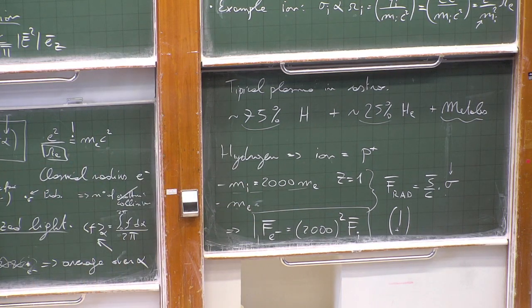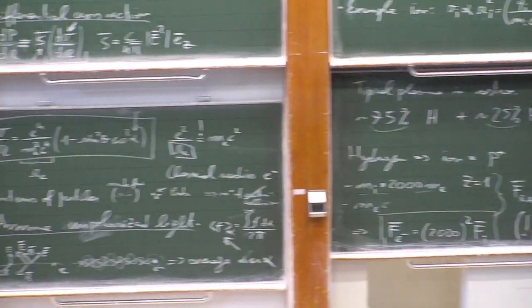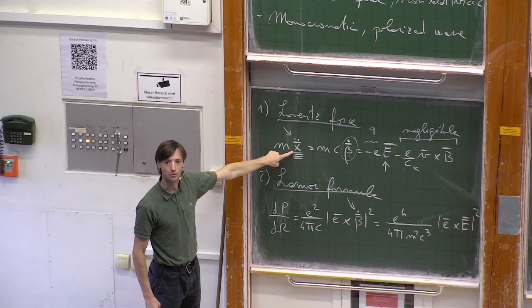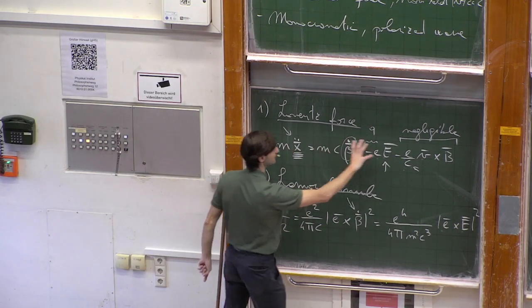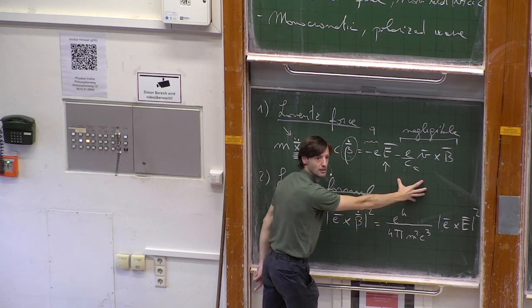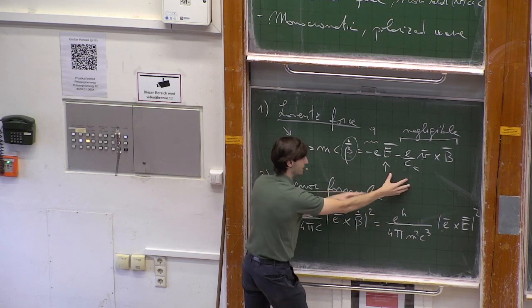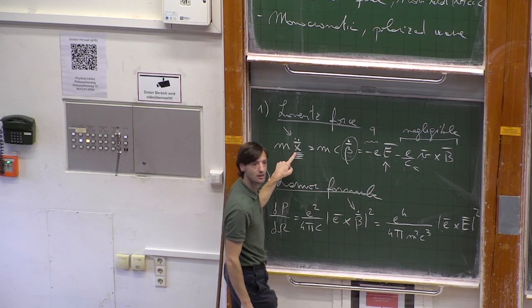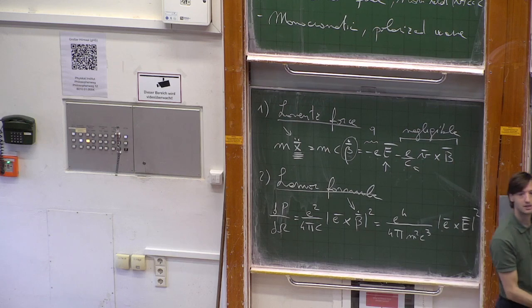Let's take a look at the very first equation that I wrote. If I take the acceleration, what is it proportional to? The Lorentz force divided by the mass. Therefore, the larger the mass is, the smaller the acceleration is. Therefore, our particle, if it's more massive, is shaken less.